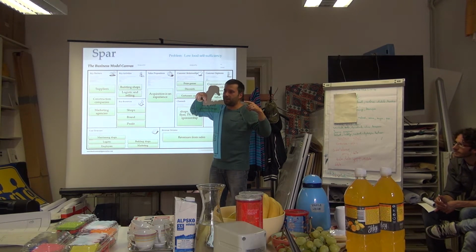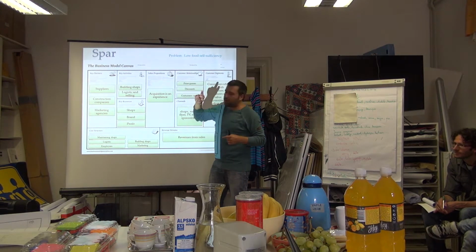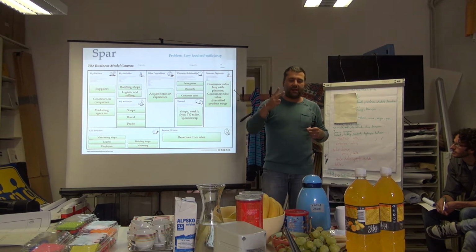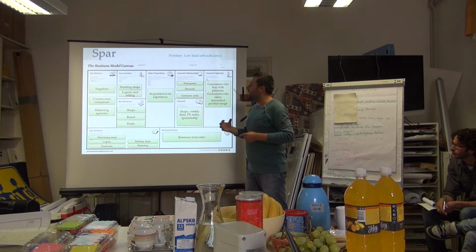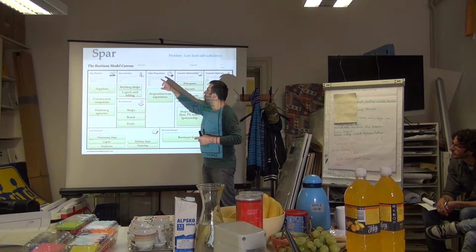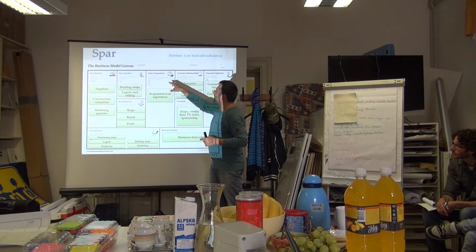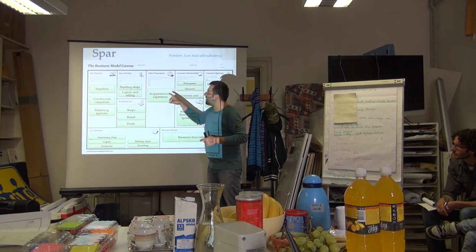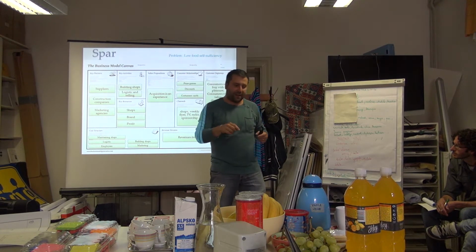You've been there? You all been there in Hofer? Yeah. And in the Spar? Yeah. Okay. I will take these two examples of retail stores just to give you an example of what value proposition and customer segments Spar and Hofer have. And let's say we take the first, Spar.